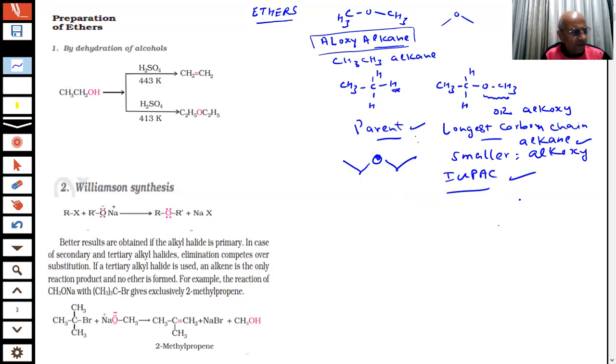Sometimes in the paper, for certain compounds they only give you common names, which are very commonly used. There they will only talk of the common name. So we have to be very careful.